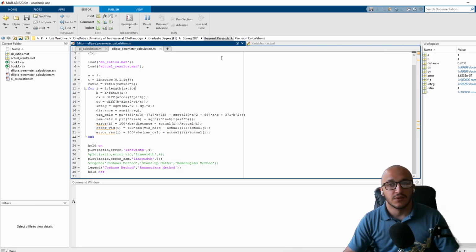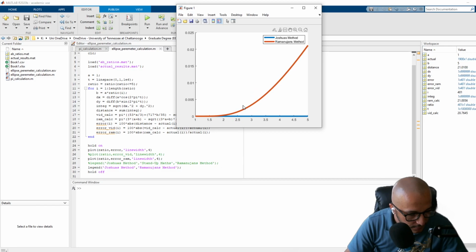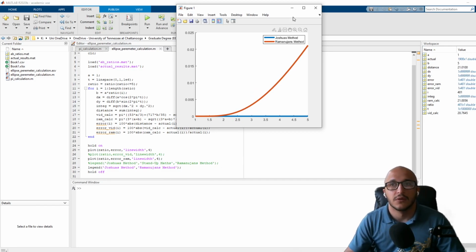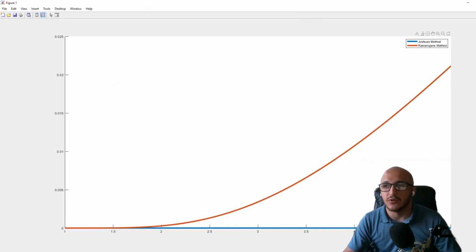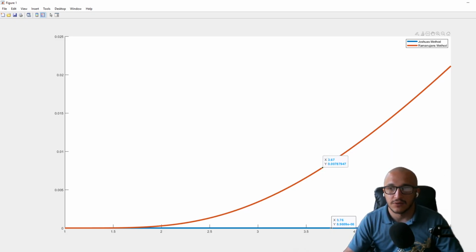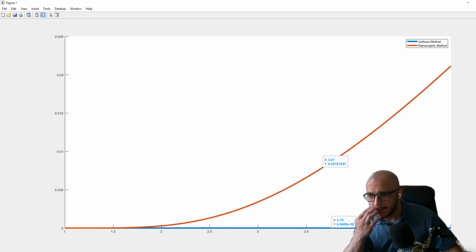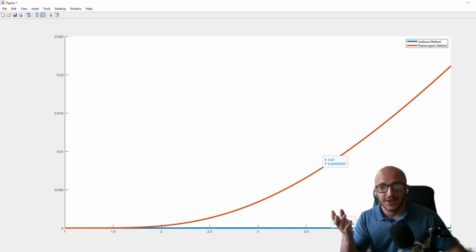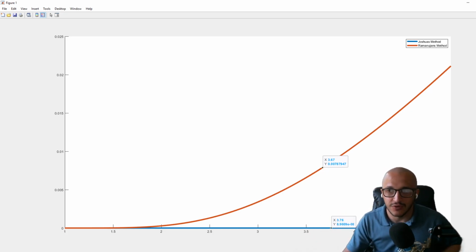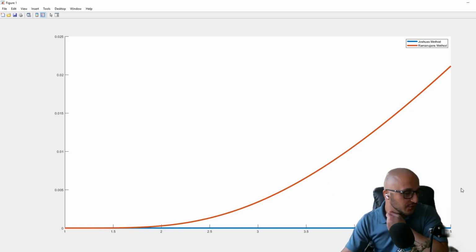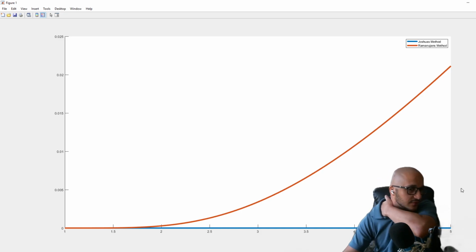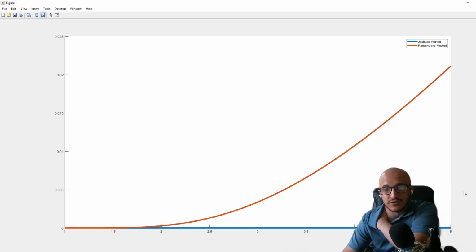So let me click play on that. The orange is Ramanujan's method and this is my method, which shows that the mathematics is much more exact. I don't blame Ramanujan for this, because integrating a sinusoid, or a sinusoid squared, or a square root of two separate functions, is no fun.